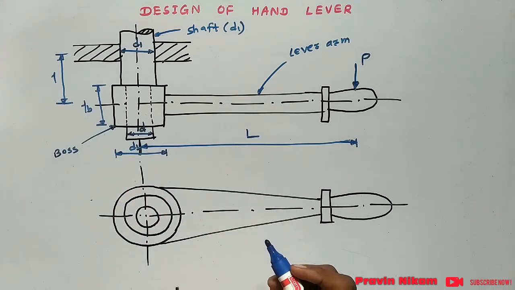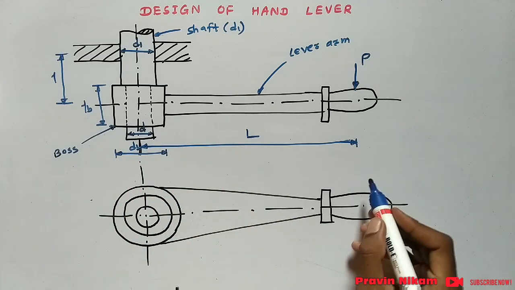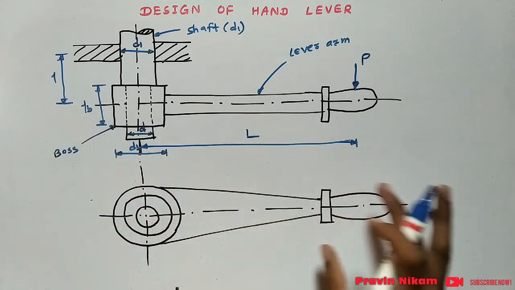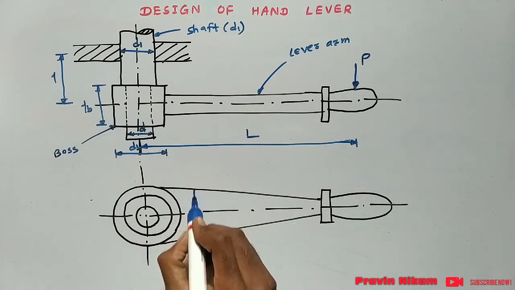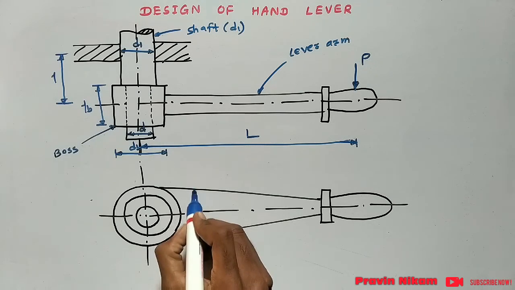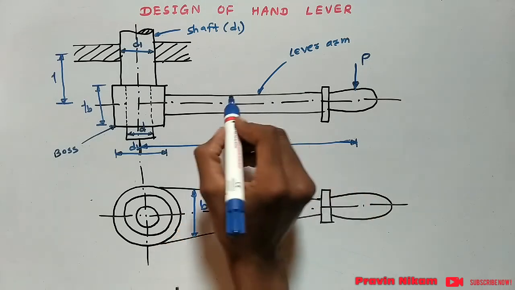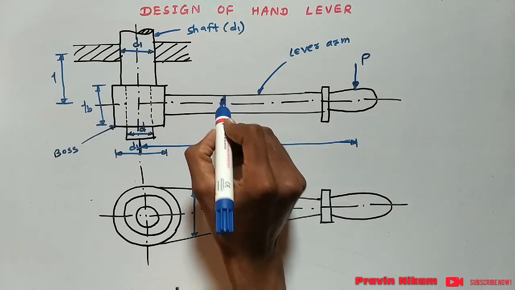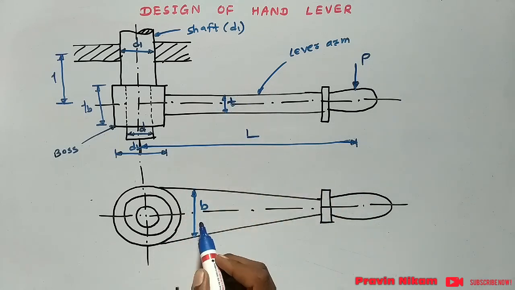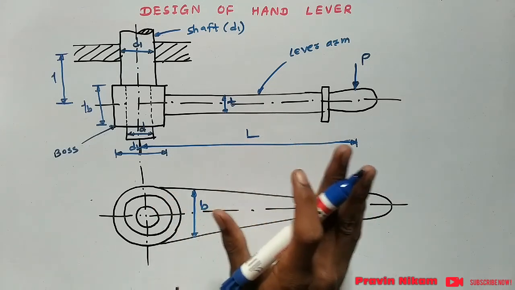So this is the hand lever. Now this is the top view of the hand lever. Here B is the width of the lever arm and T is the thickness of the lever arm. So this is the schematic diagram of the hand lever.